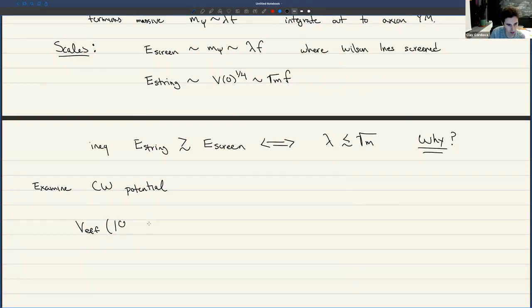So the true effective potential depends only on the absolute value of phi. And it looks as follows. So first of all, there's, of course, the tree level term that we wrote, m squared mod phi squared minus f squared, squared. This was the tree. But now there's an important one loop correction.